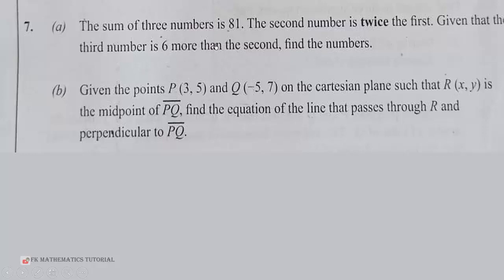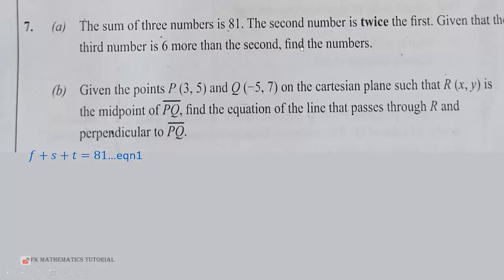The sum of 3 numbers is 81. The second number is twice the first. Given that the third number is 6 more than the second, find the numbers. So we are going to take the first number F, second number S, and third number T. The sum is 81, so when we add all, F plus S plus T equals 81.